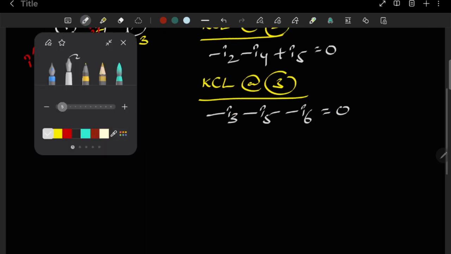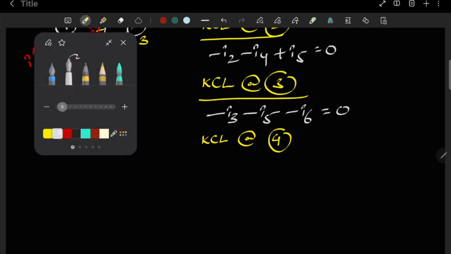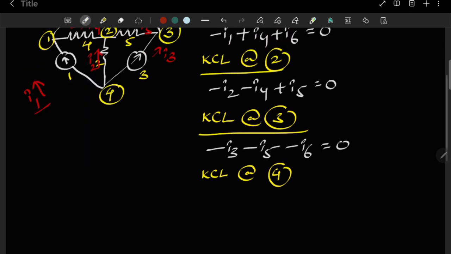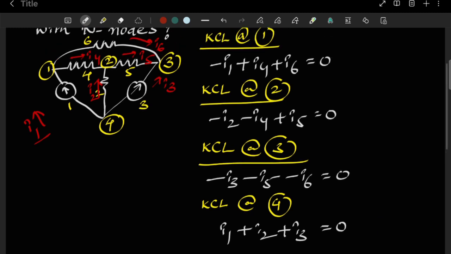Finally, KCL at node 4. Node 4 involves 3 branches, 2 current sources and 1 resistor. I1 is leaving, so plus I1. I2 is also leaving, plus I2. And I3 is also leaving, plus I3 is equal to 0. This is what I got: 4 KCL equations for this circuit.